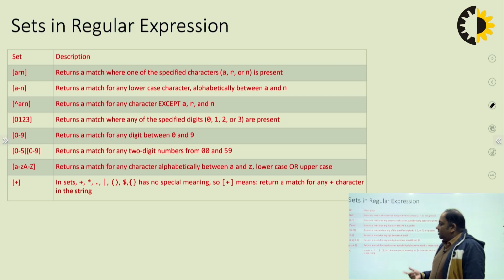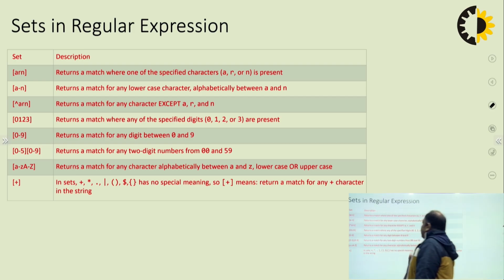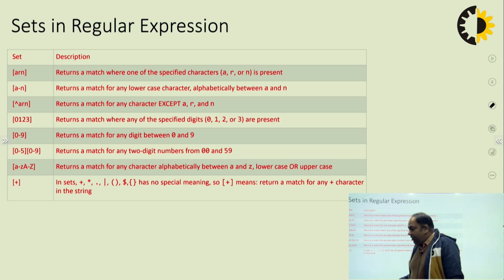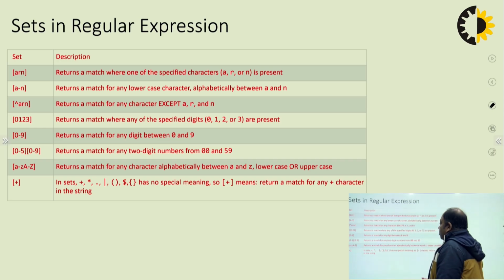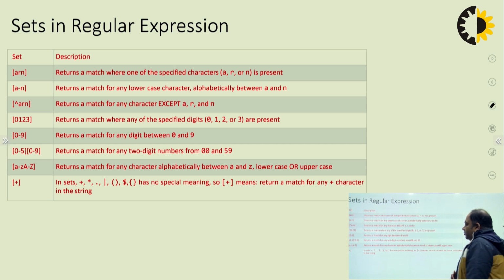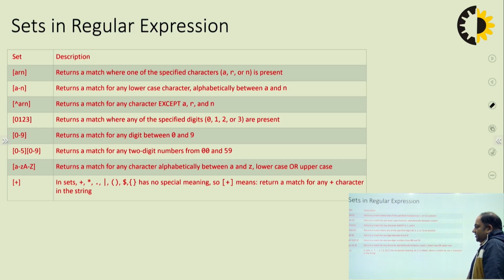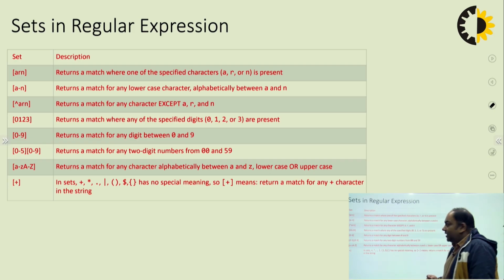If we use the caret symbol, then it means any characters except a, r, n. As an example, [0123] are specified characters. [0-9] means any digit between 0 to 9. [0-5][0-9] returns a match of any two-digit numbers, like 00 to 59. [a-zA-Z], any lowercase or uppercase letter. And in sets, plus, exclamation sign, asterisk, dot, parentheses, curly bracket have no special meaning. So plus means returns a match of any characters in the string.